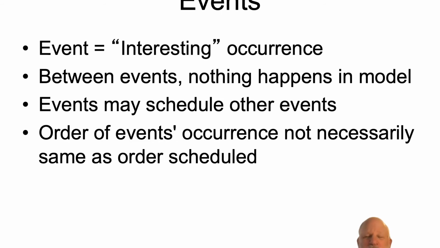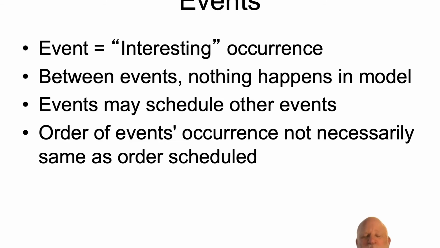In other words, I don't care about that parabolic trajectory or whatever its trajectory may be, because I can't explicitly model that in discrete event. The only things that affect me are the launch and the impact in this particular case.